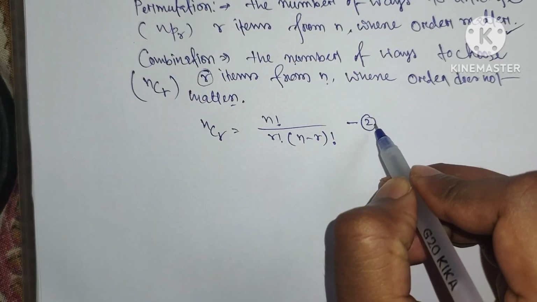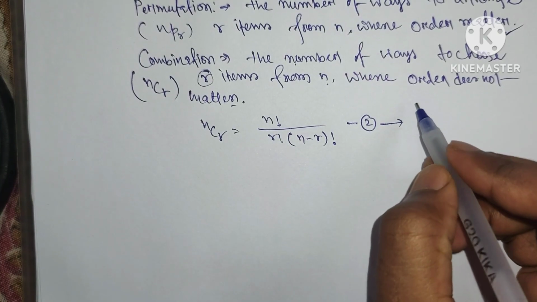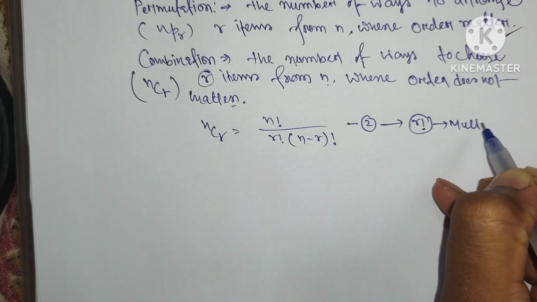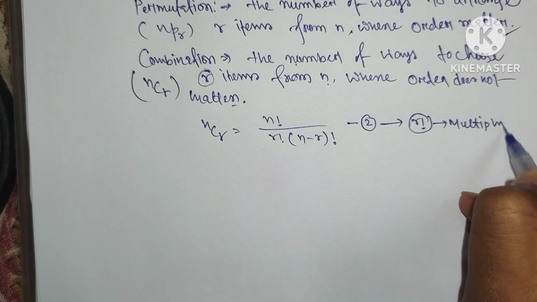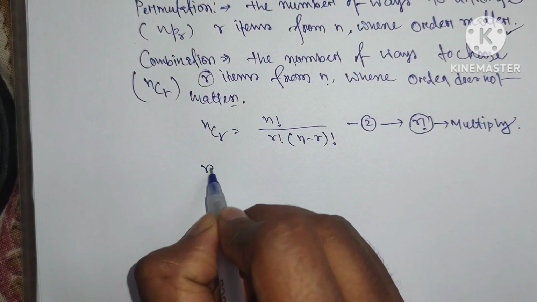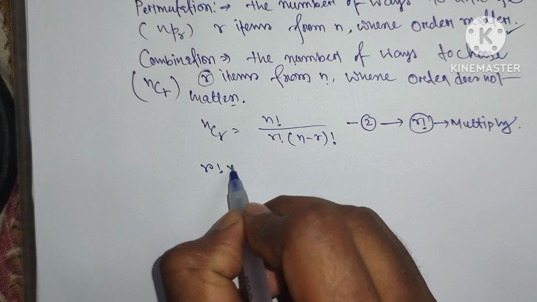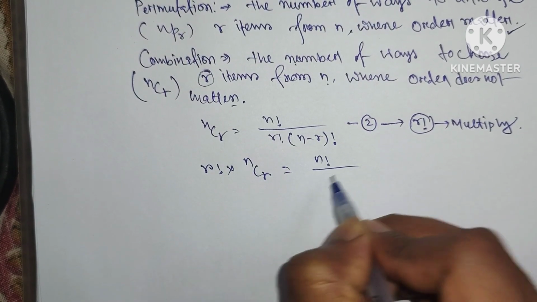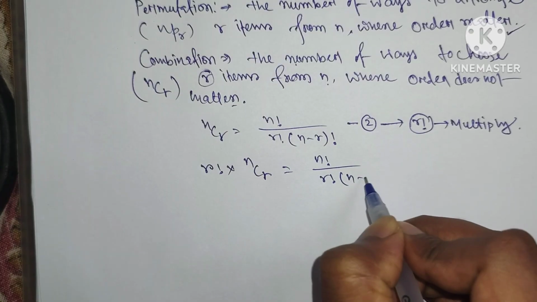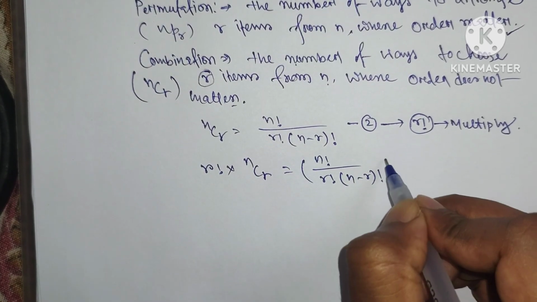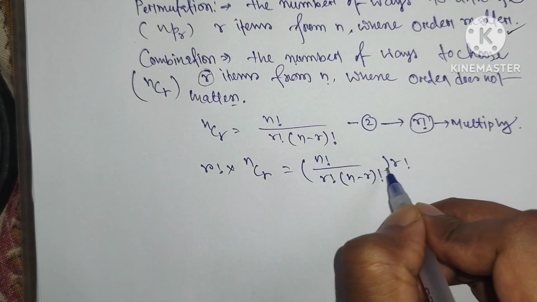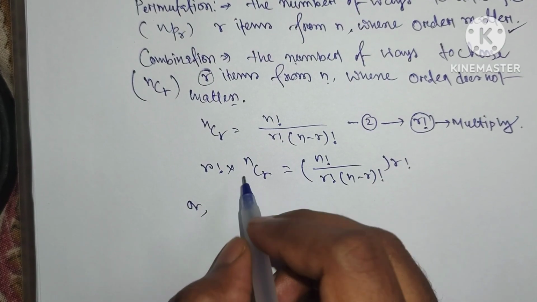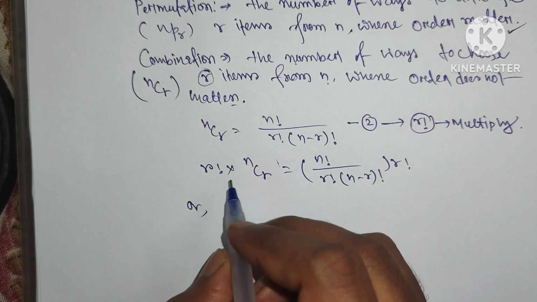Multiply 2 with r factorial, then what happened? r factorial into nCr equals n factorial by r factorial into n minus r factorial into r factorial, okay. So basically this left side, what happened?